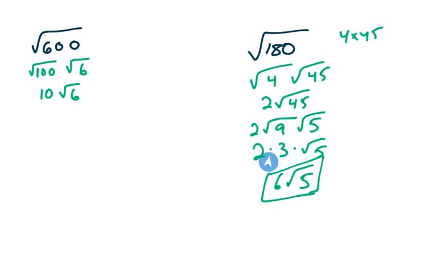So square root of 9 is 3, and then you have the square root of 5, multiply the integers, 6 times the square root of 5. And there might be other orders, you might have recognized the 9 first. So it would be 9 times 20, and then 20 is not simplest form because 20 is 4 times 5. So there's different orders that will lead you to this simplest form.